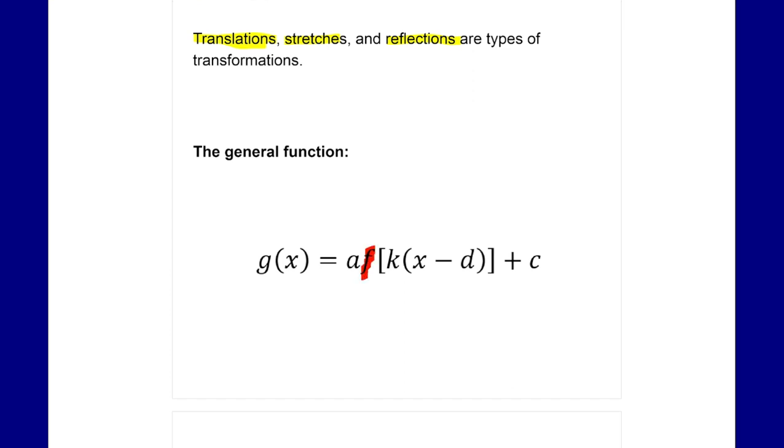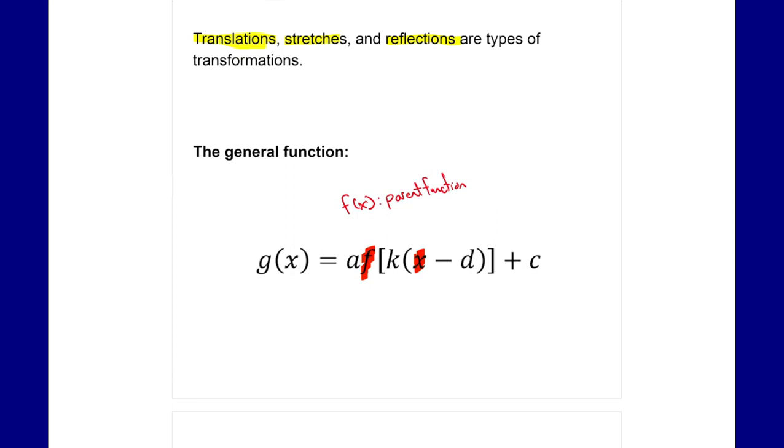The f and the x, these two variables, just represent f of x, which is our parent function or base function. So f and x don't represent anything new. It's just another way to write the base function.